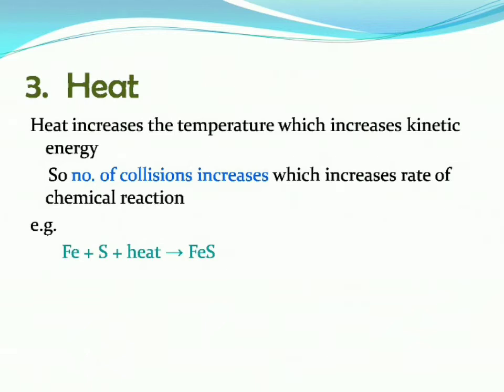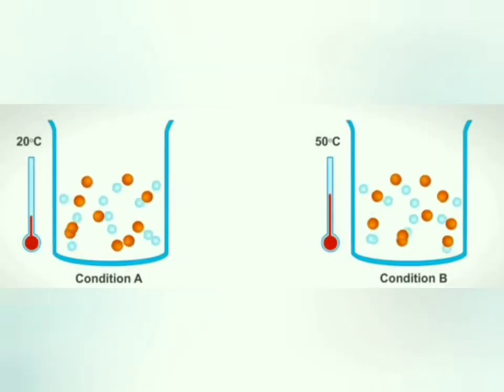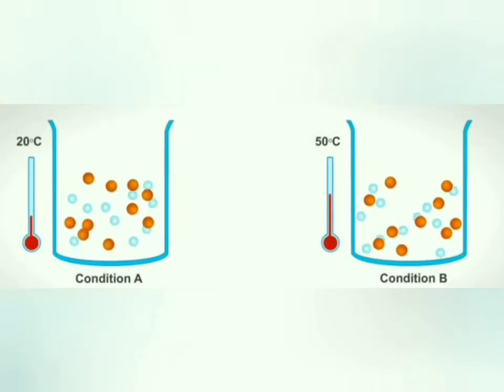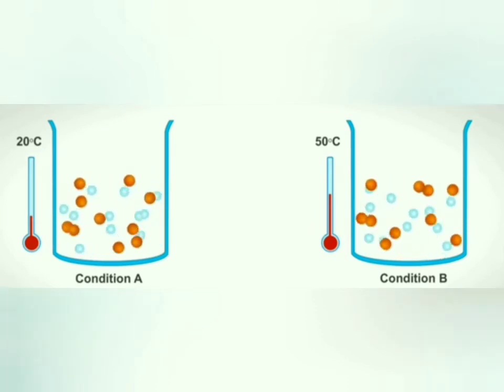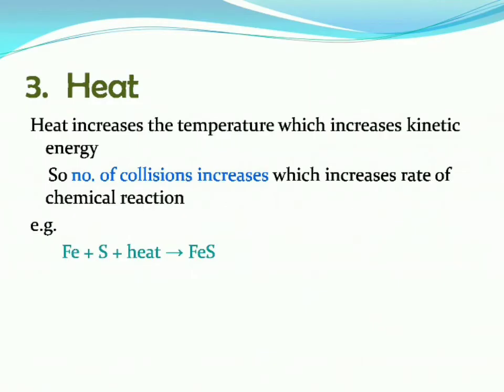Actually, when we heat, energy is given to the substance. So its kinetic energy is increased, and if kinetic energy increases, the number of collisions also increases. Now if they move at higher speed, they will collide more, which results in increasing the rate of chemical reaction. And it is observed that for a 10-degree rise in temperature, the rate of reaction is doubled.